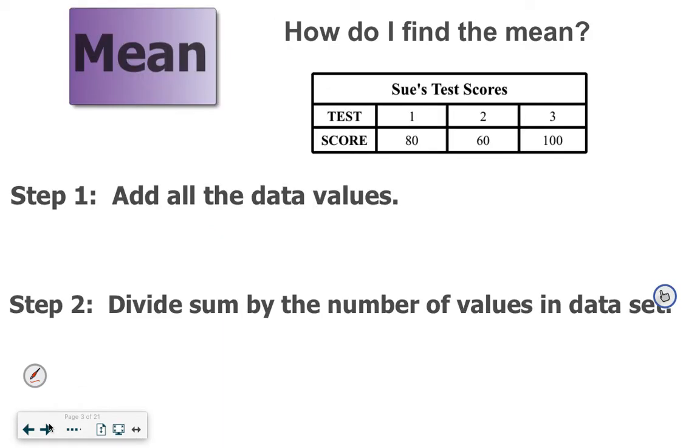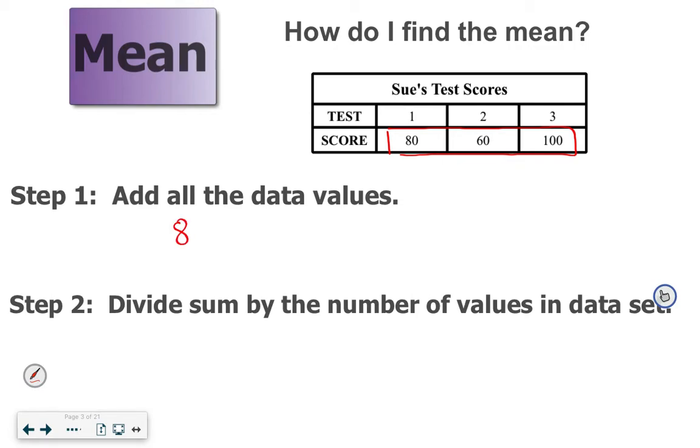In statistics, there are a couple of terms. For example, mean. If you see the mean, you need to understand what you are supposed to figure out. Mean is you need to add all the given data. As you see here, there are 3 data given: 80, 60, and 100.